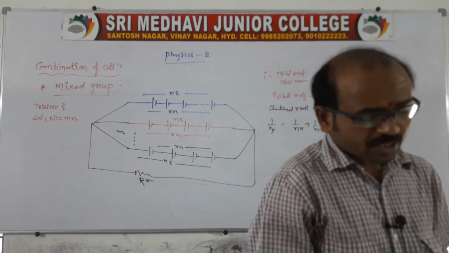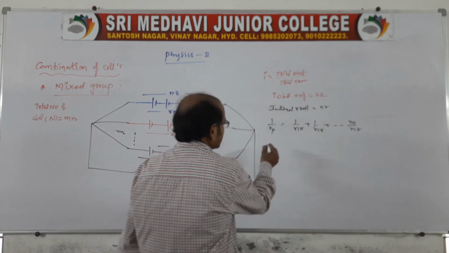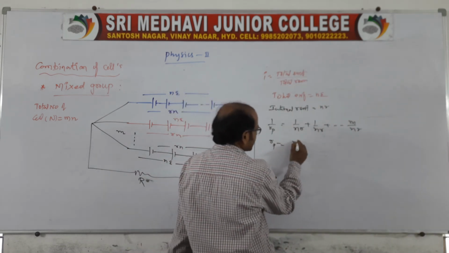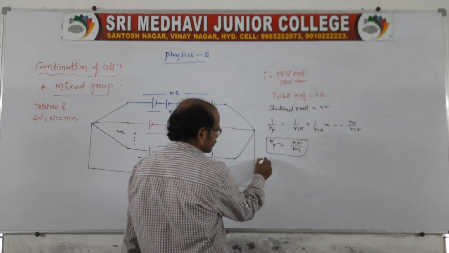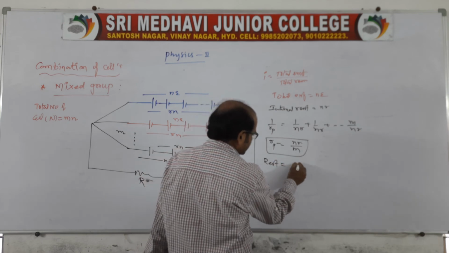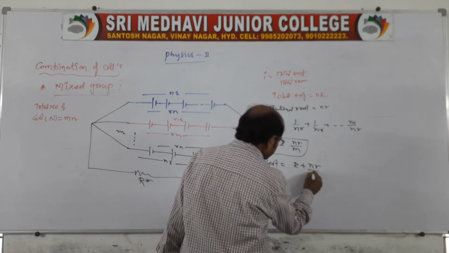Now the effective resistance Rp is equal to nr by small m. So the total effective resistance is capital R plus nr by small m.